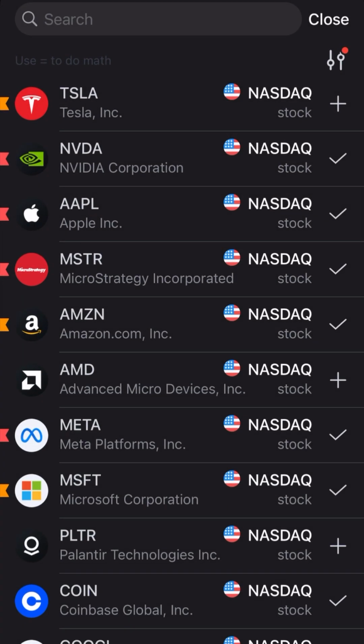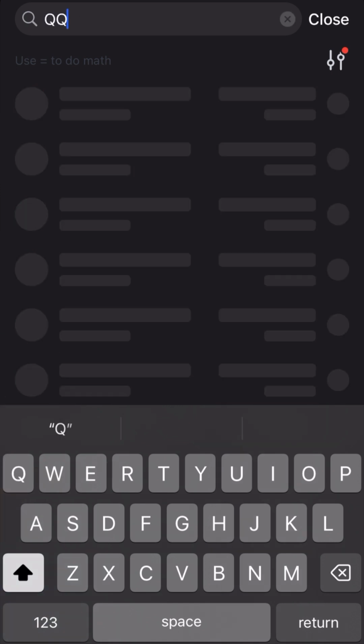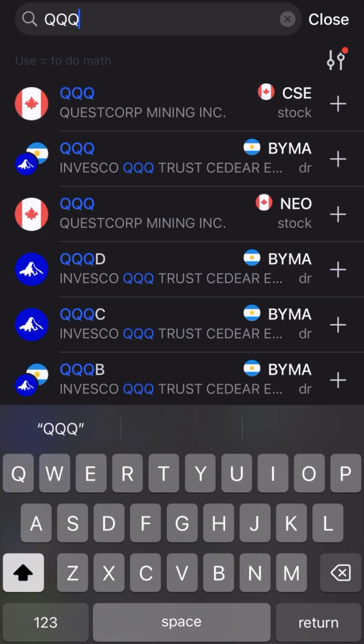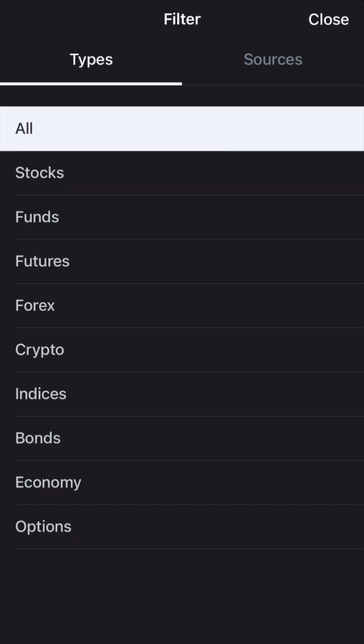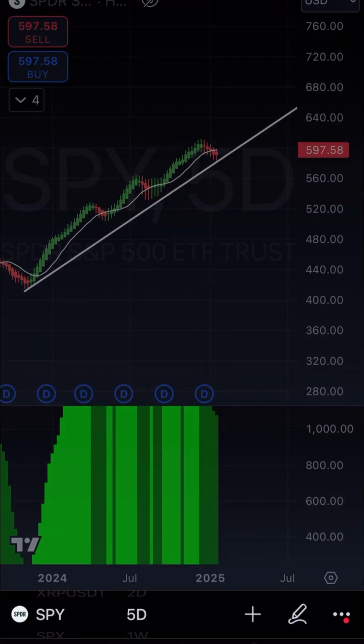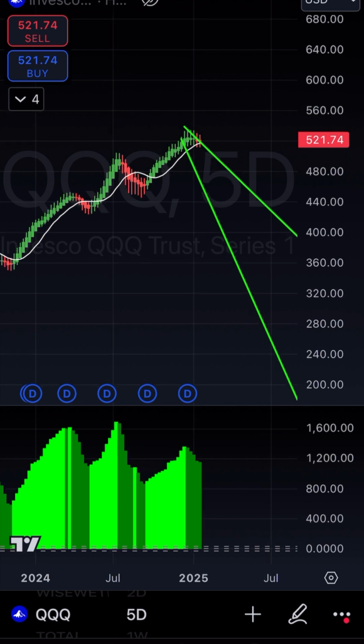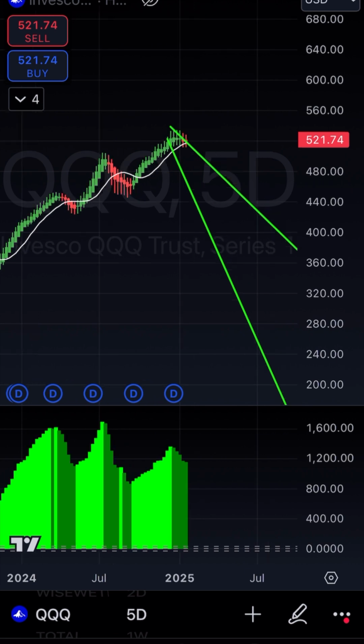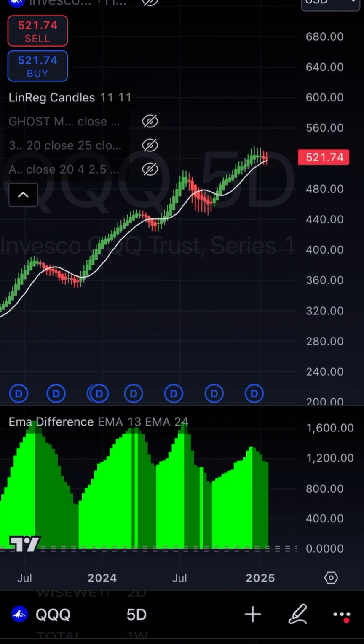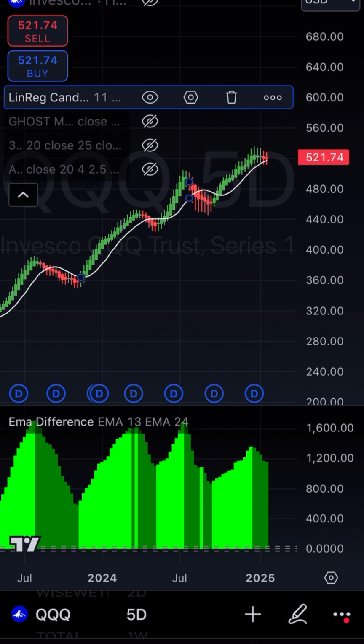You can use this for, let's just say, the QQQ. Have you used the QQQ? Let's check this one real quick. So we're on a 5-day with the QQQ. Let me turn off my linear line.